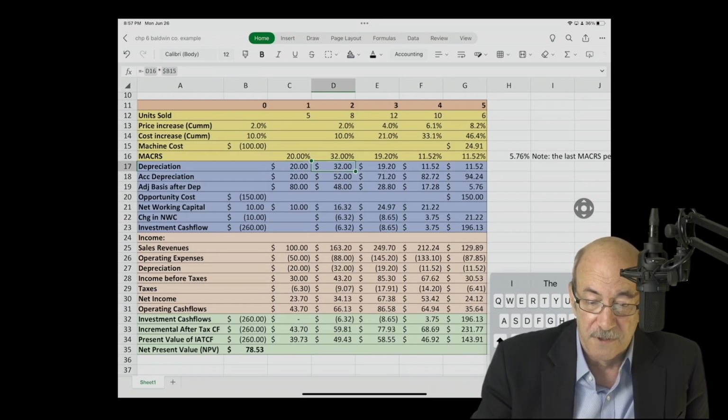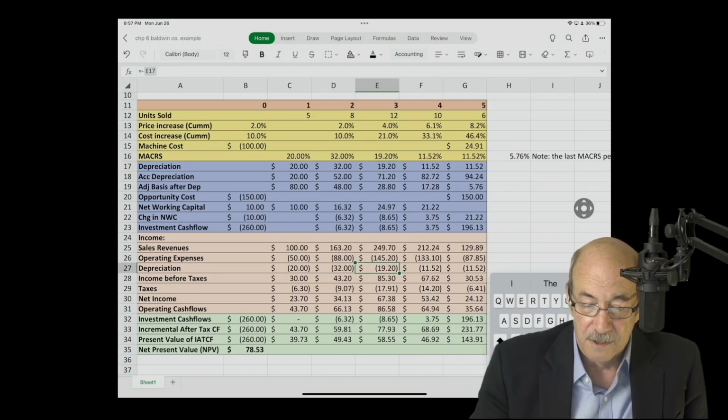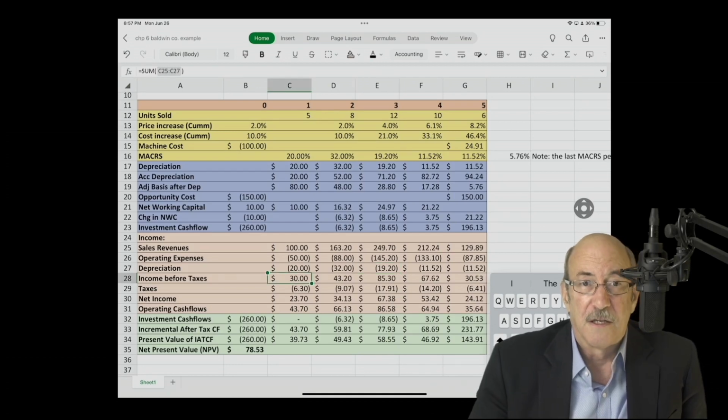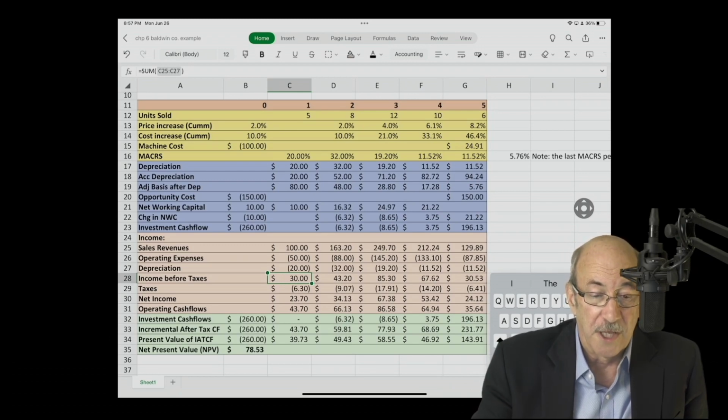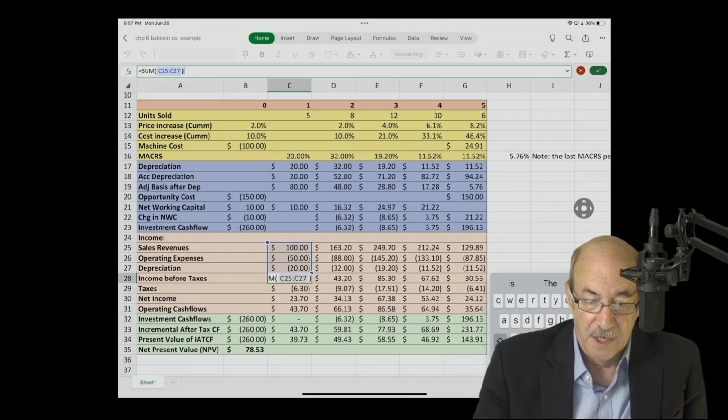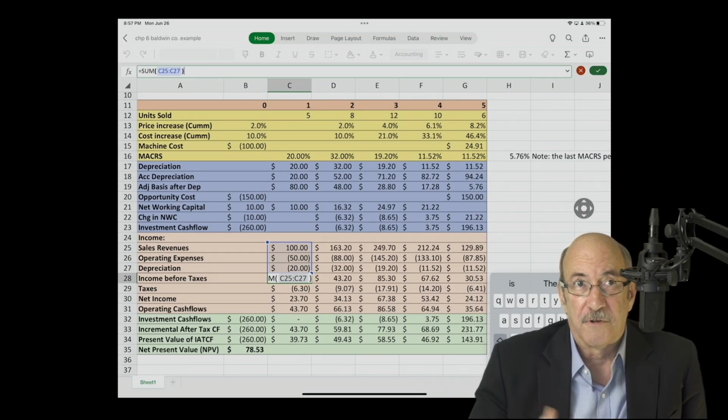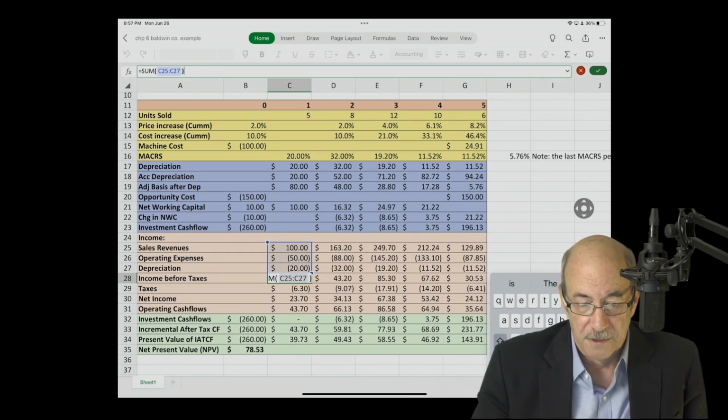Likewise, I reference cell D17, E17, and so on to get the depreciation. Now I have EBT, earnings before taxes, and now I can figure out my tax. And by the way, that's just simply a sum. And that's that range, those 3 rows above that.